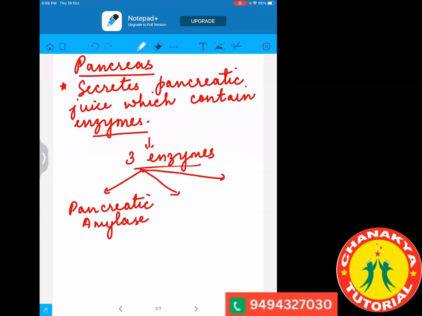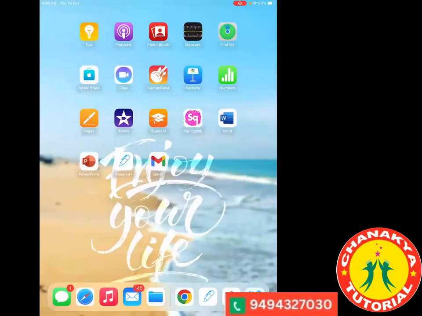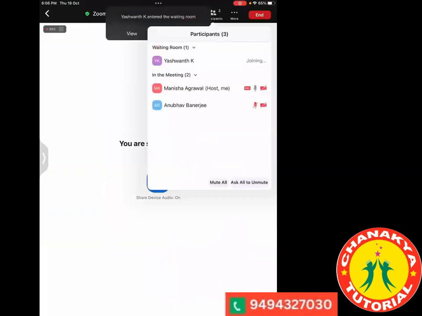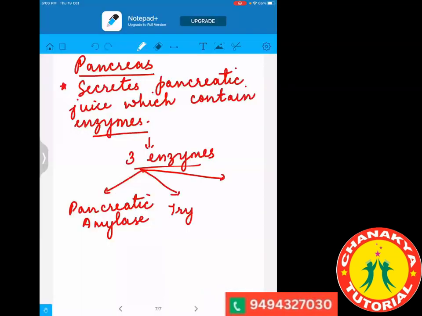The name of the first enzyme is pancreatic amylase. The second enzyme they produce is trypsin. So three enzymes will be produced: pancreatic amylase, trypsin, and the last one is lipase.